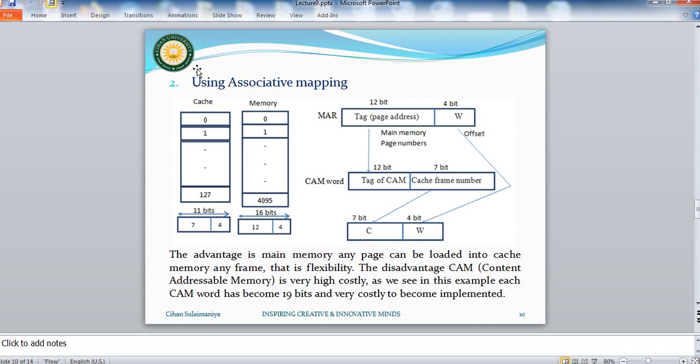But the problem with this one, actually there is an advantage. The thing is, they use something called CAM, content addressable memory. So that was CAM.